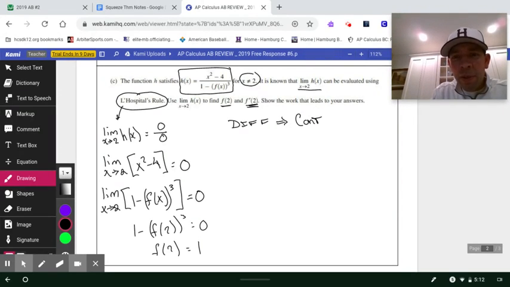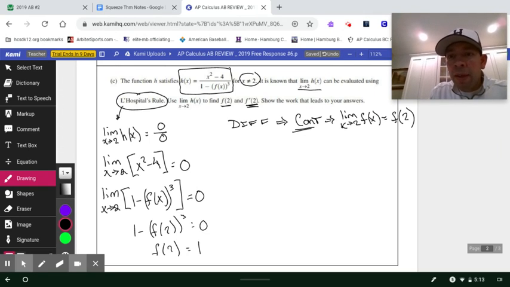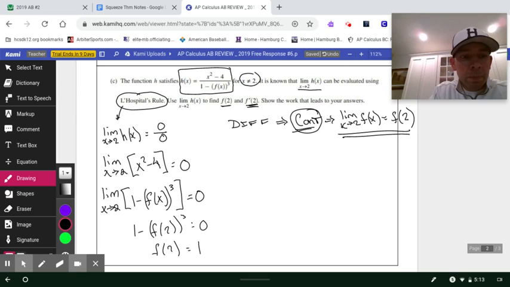Now, what's so special about continuous? Where are you going with this? Well, when something's continuous, we know that the limit, and we'll do it with respect to x equals 2 here, the limit as x approaches 2 of f of x must equal the exact value of f of 2. That's guaranteed to be true anytime something's continuous. And we already know that f of 2 is equal to 4.